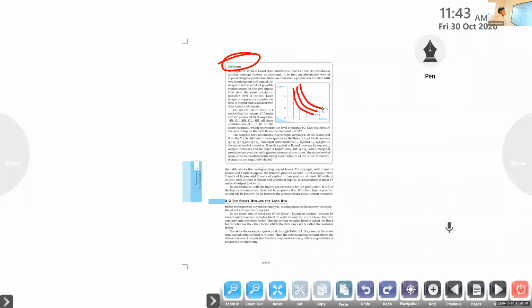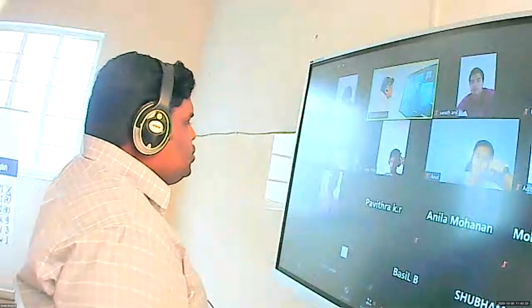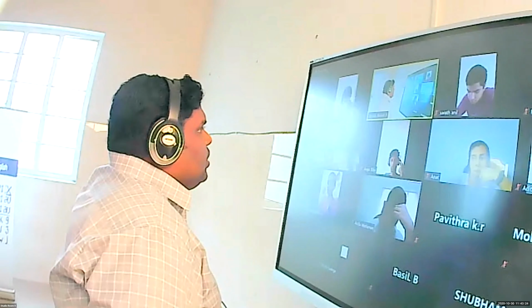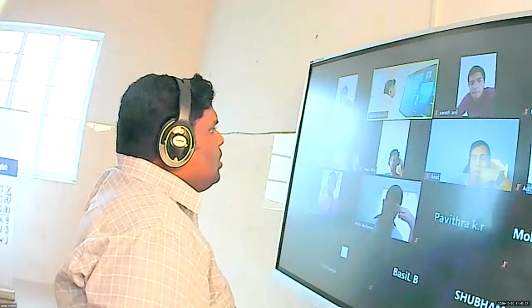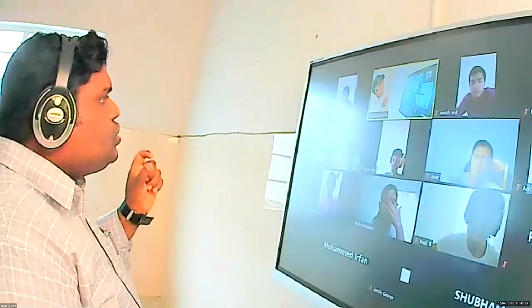Today we are going to learn two particular words: short run and long run. What is the short run? Do you know the meaning of the term short run? Pavitra, Anila, Muhammad Irfan, Shubham Pal, Basil, Tomlin, turn on your cameras. So what do you mean by short run? For example, for a short period of time.